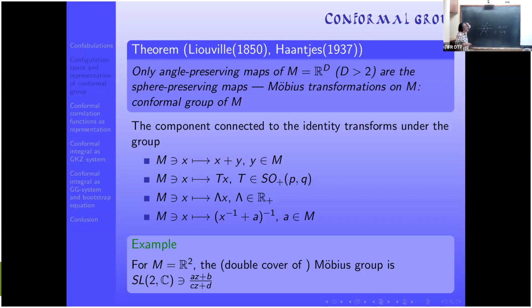Right. So for example, this is something we know. For M equal to R2, the complex plane, the double cover of the Mobius group is given by Z goes to (AZ plus B) divided by (CZ plus D), and that's in SL(2,C), you know that. And this is something I wanted to generalize. Typically, we write these things as orthogonal groups, but this way of writing has some advantage, which I'll try to impress on you.